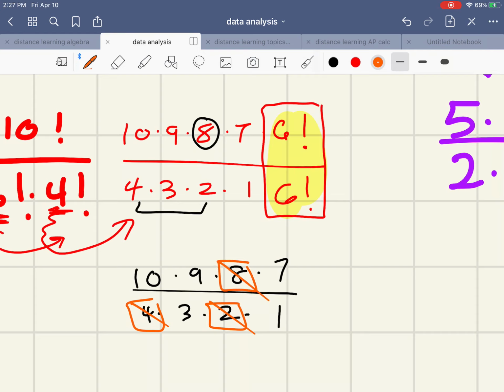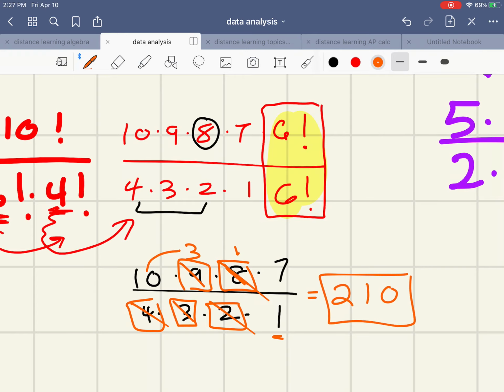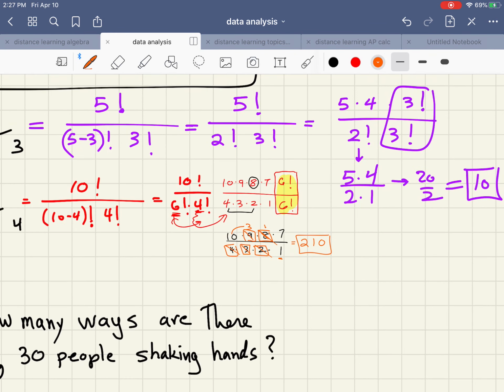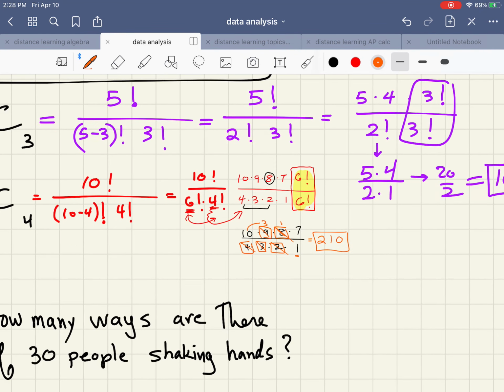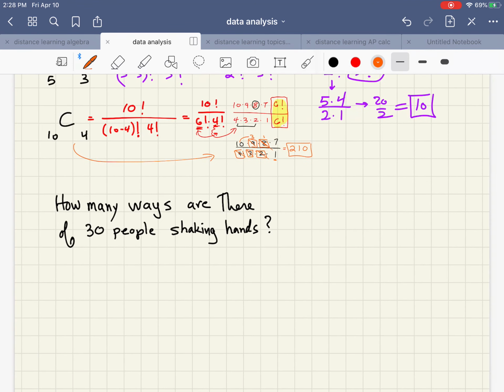So 4 times 2 will cancel the 8, because 8 is 8. And then 3 will cancel or reduce the 9 down to a 3. The bottom, I'm left with just a 1. Don't even need to worry about it. And I have 10 times 3. This became a 1, so I don't need that. So it's 30 times 7, or 210. And that would be my final answer for 10C4.